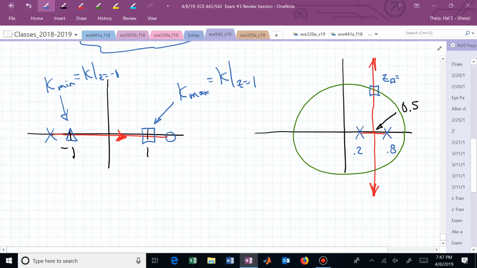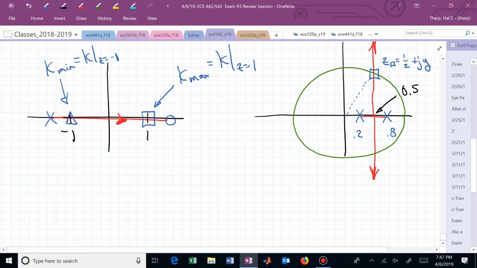Do we have any information on z sub box? We have its real component. It's 1/2. So we now know that this is 1/2 plus j, let's say y. And we know that that's right on the unit circle, so we know that this hypotenuse has a length of 1. And that's how we could find y.